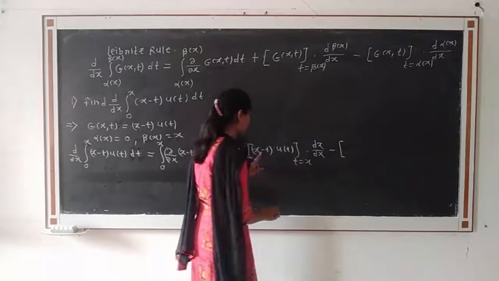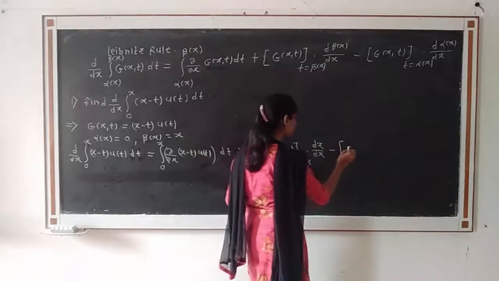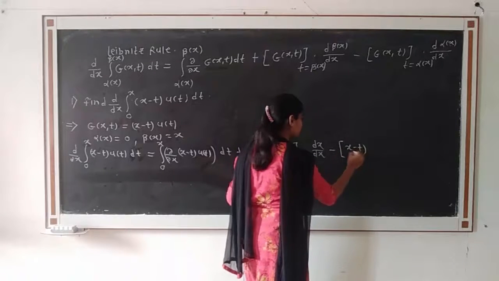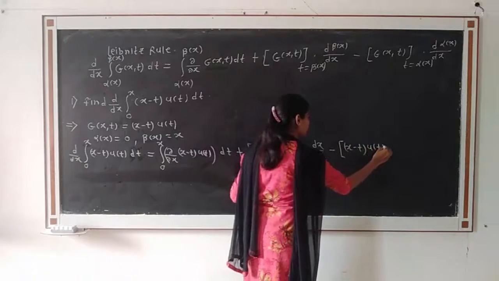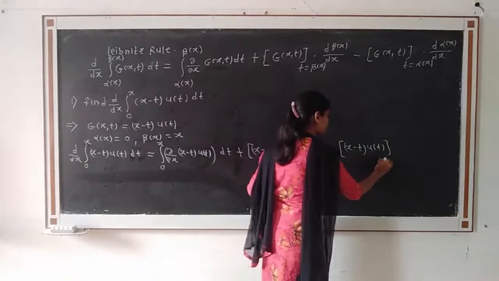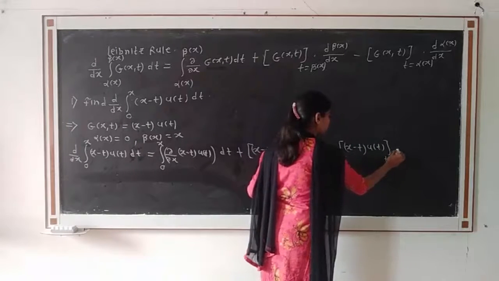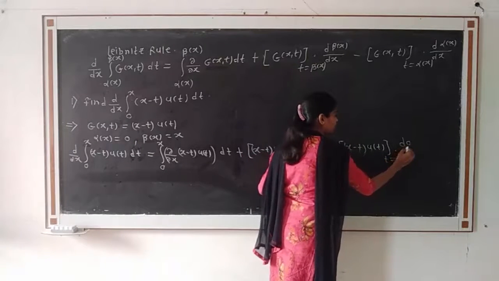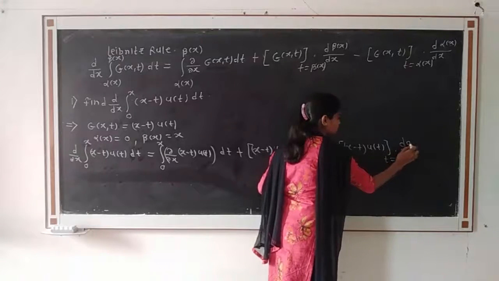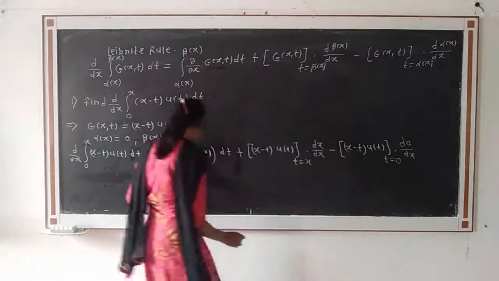Minus, similarly, we put the lower limit, that is (x minus t) into u of t at t equal to the lower limit, which is 0, into the derivative of the lower limit with respect to x, that is d0 by dx.